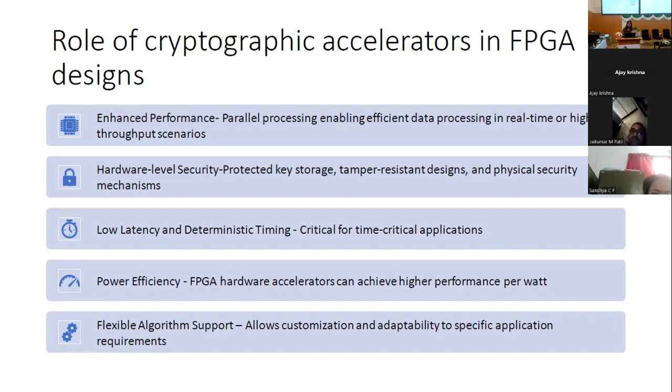Then low latency and deterministic timing, these are all things I have told you. Power efficiency, I have told you why power efficiency comes. Then flexible algorithm support. If there is any change in the algorithm, we can change it quickly using FPGA. We have to just reconfigure it. For that, one method is dynamic partial reconfiguration.